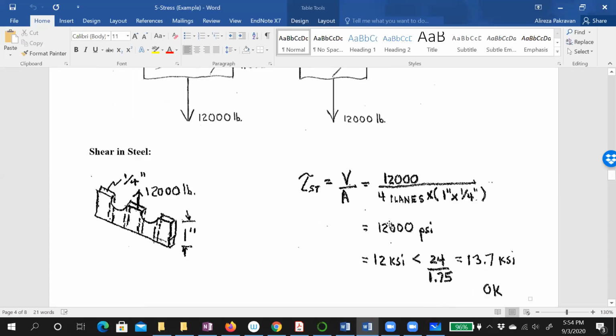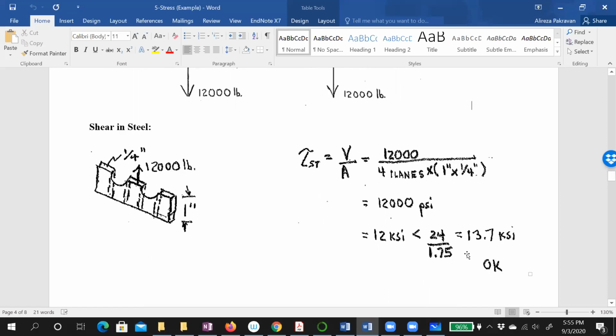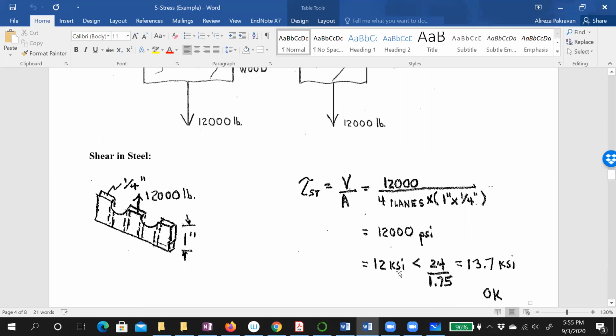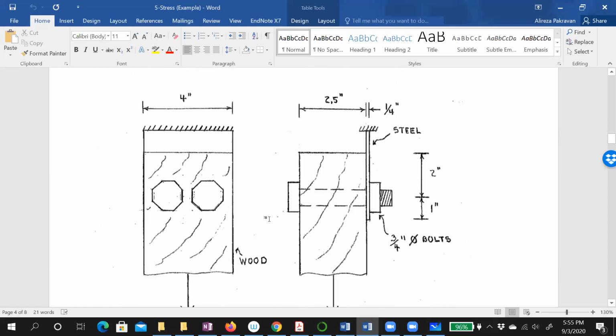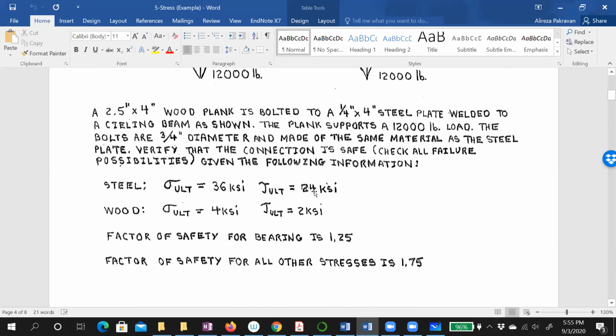And now please be careful, because I saw this mistake every time when I made problems for the test. Just make sure to compare with the shear stress, which means look at the problem very carefully. In this problem, the shear stress is 24, it's not 36, right?